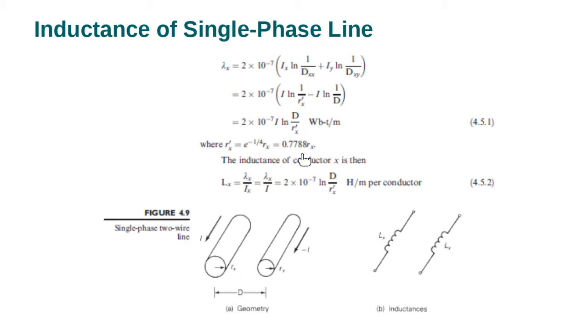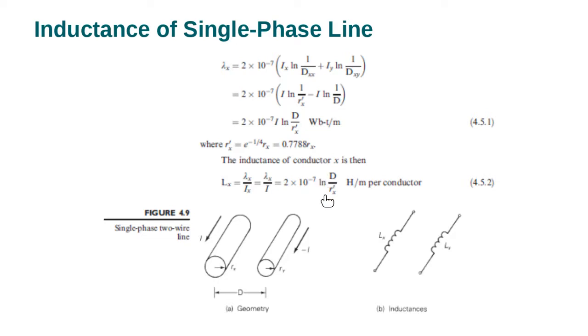This is 0.778. Remember now, this is R prime here. Put it, and then we get this inductance. You see that at the end you will get this inductance, Lx or Ly, doesn't matter. Same, because they are the same size. If they are the same size, we put it this way: 2 times 10 to the power of minus 7, natural log, and we already know why we do natural log.